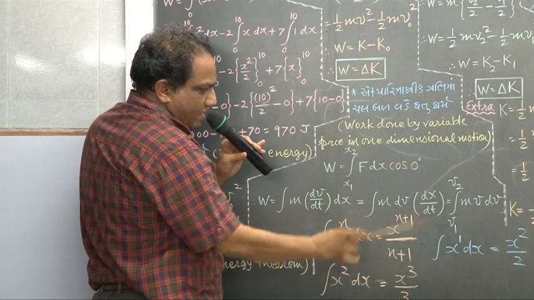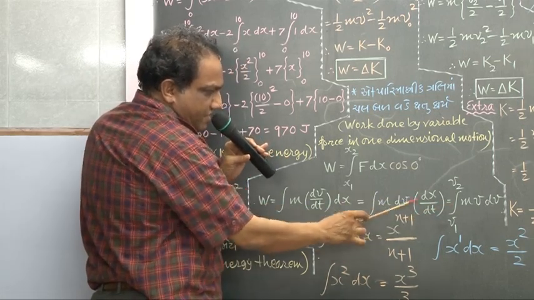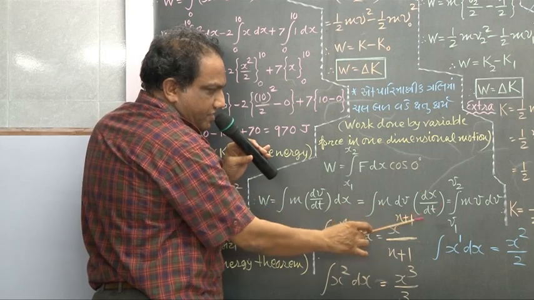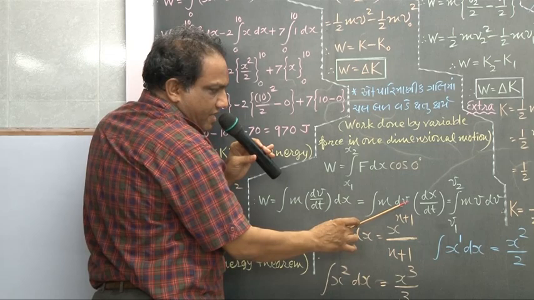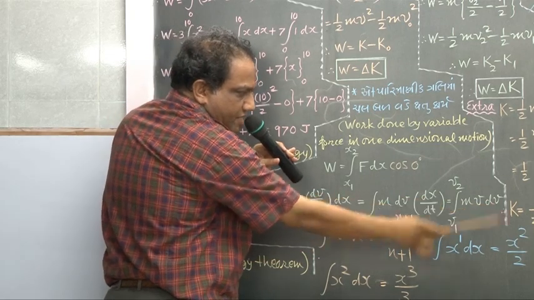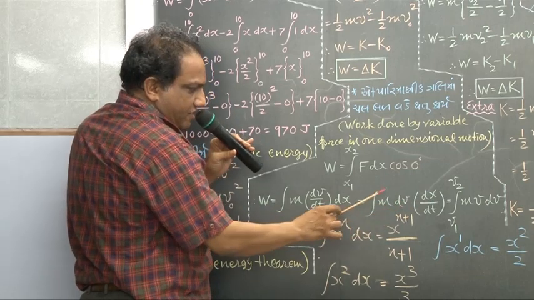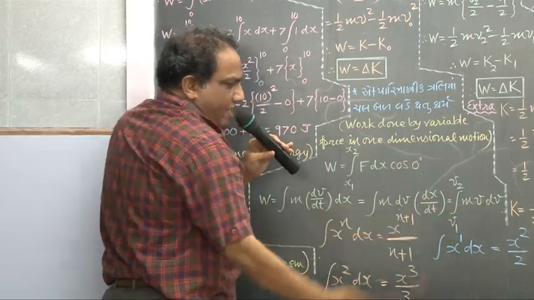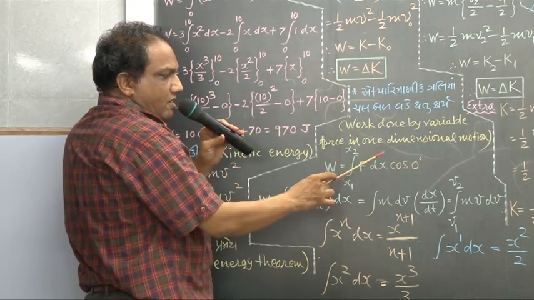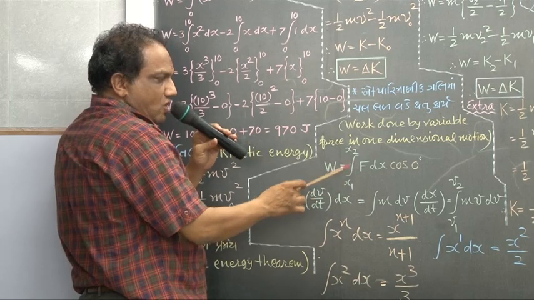Now tell me, what is this dx by dt? It is v. And this dv I am writing here. I repeat: integration mv dv. And mind well, when the variable is in terms of x, you write limits in terms of x.